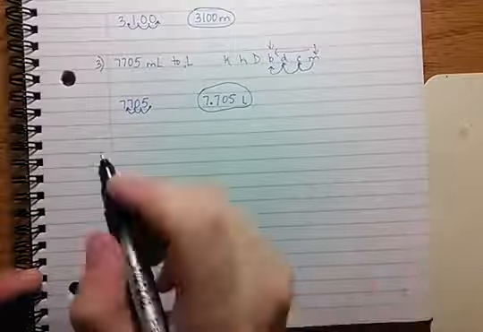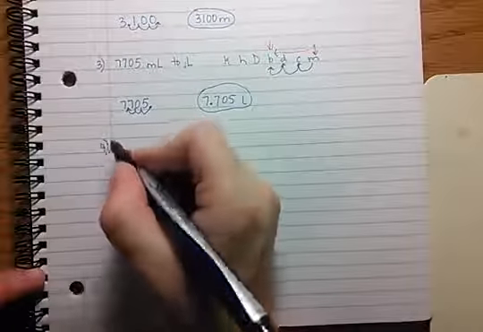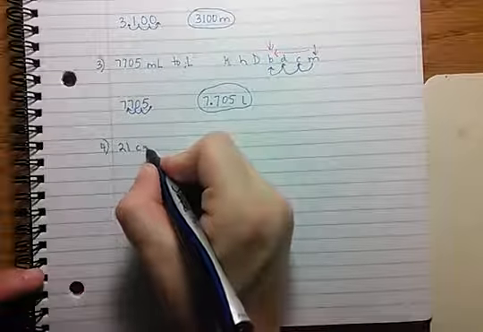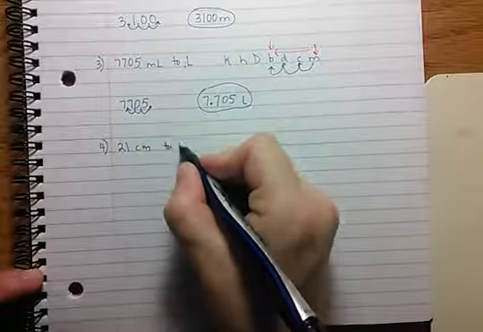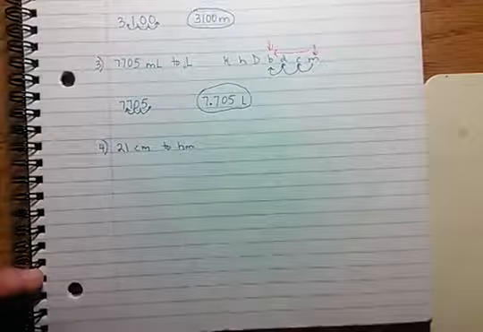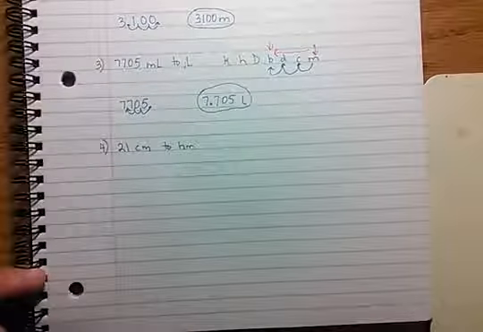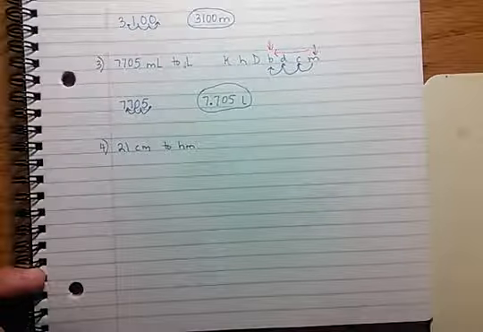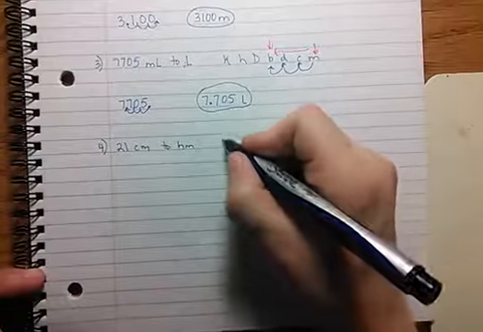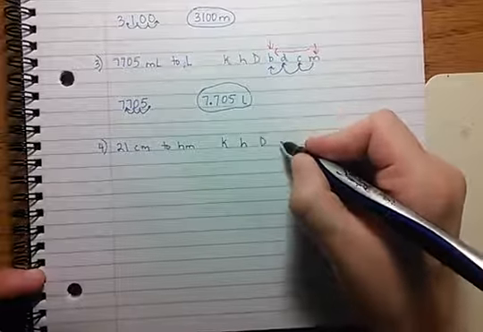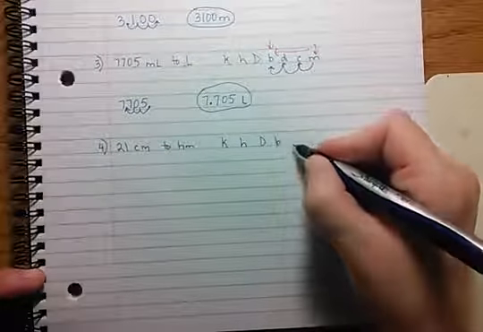Problem number 4. Again, I'd like you to pause the video to try this problem. Okay, I'm going to assume you've paused the video and have tried it. I'm going to write out our letters here.